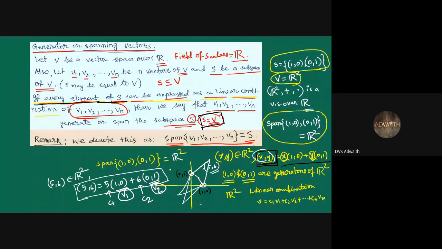Sir, in the example, on the LHS we took V, and on the RHS we took constants x, y and wrote a linear combination of the subspace. But in the definition, you said S can be represented as a linear combination of elements of V, whereas in the example we represented V as a linear combination of S.